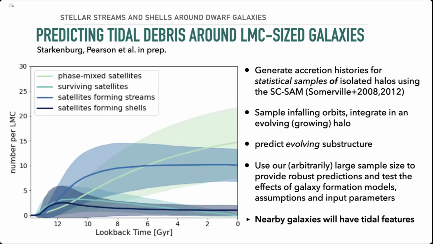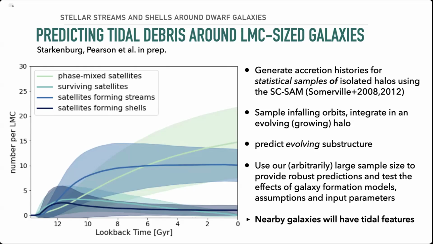And so we can use this setup to generate accretion histories for very large samples of isolated halos, predict the evolving substructure, and then use this arbitrarily large sample size to provide robust predictions for observations. Basically, our key finding is that LMC-sized galaxies should have tidal features.